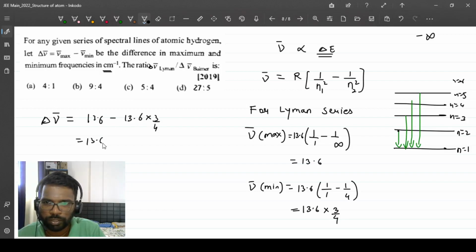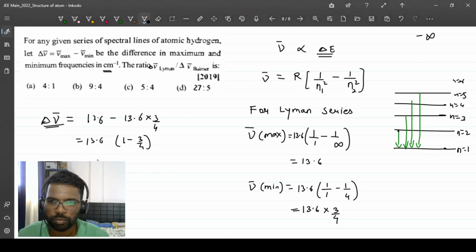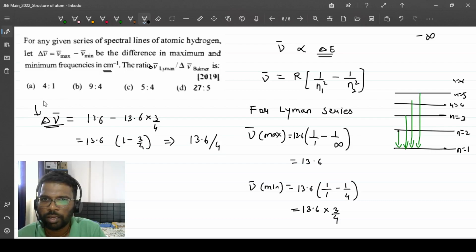So this is 13.6 into 1 minus 3 by 4, which comes to 1 by 4. So this comes to 13.6 by 4. This is the difference for the Lyman series.